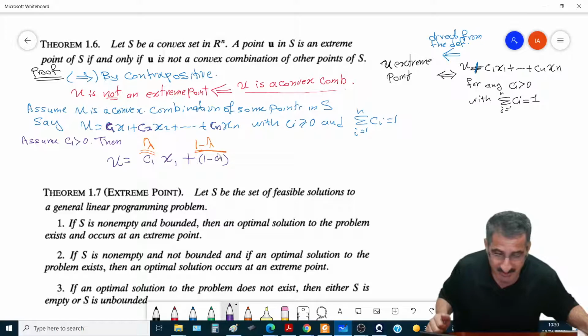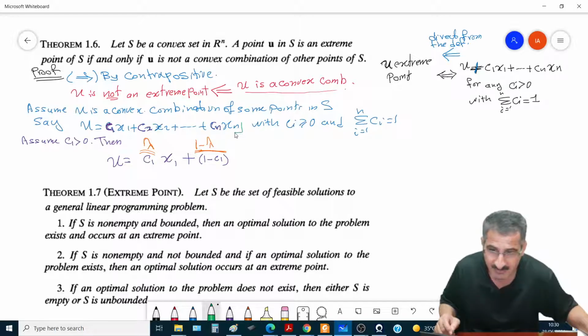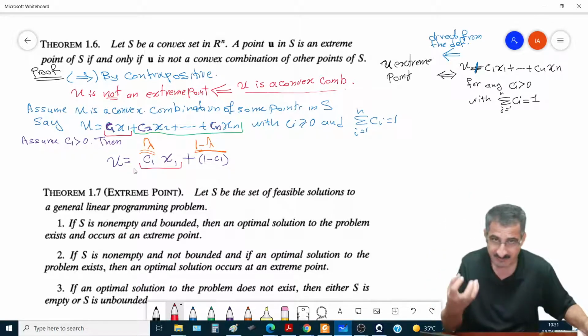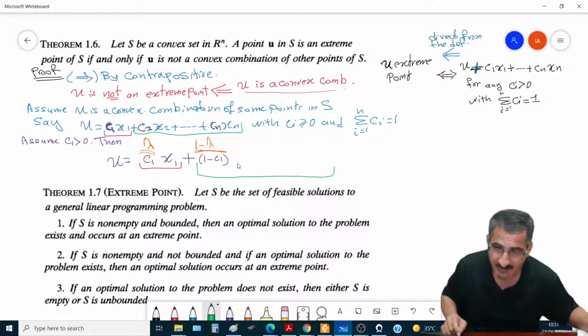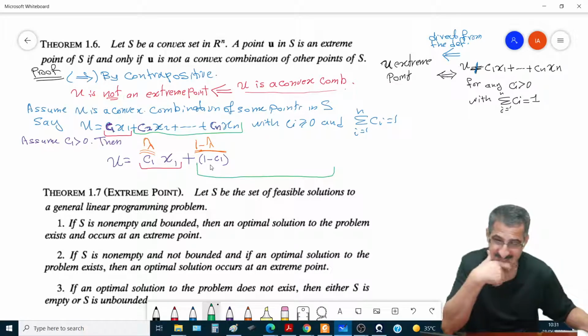But the question now is what I multiply this with so that I change nothing. I took the C1 x1 part here. Now the green part I want to transform to here. What do I multiply this with? You can guess.